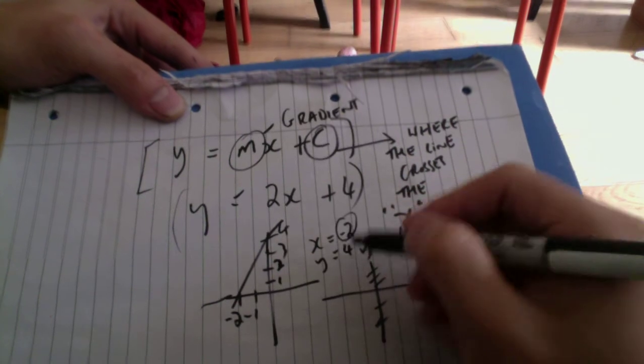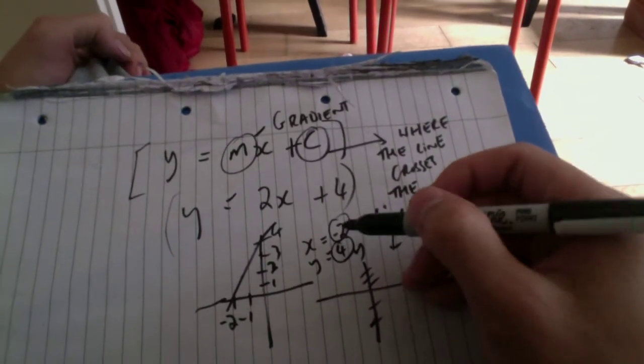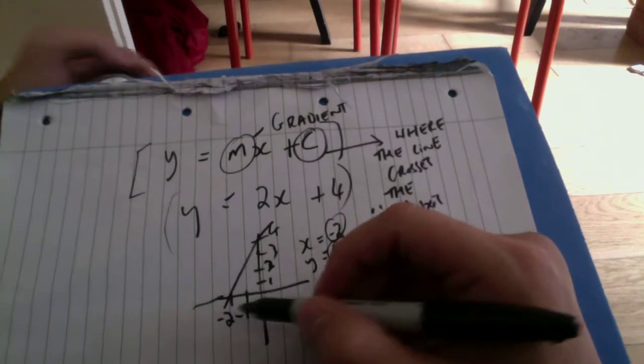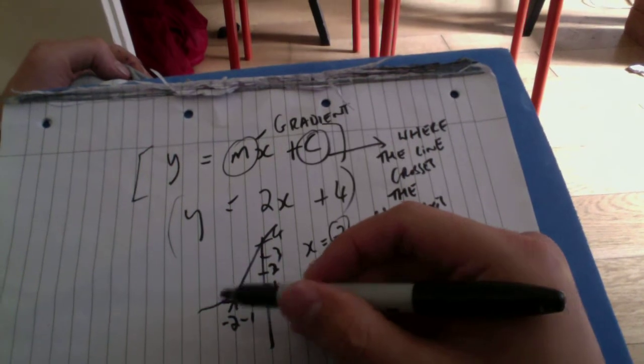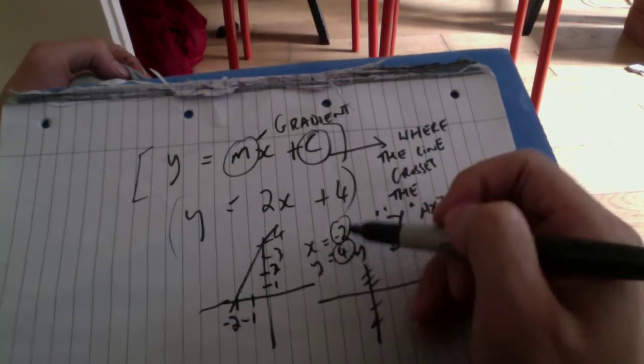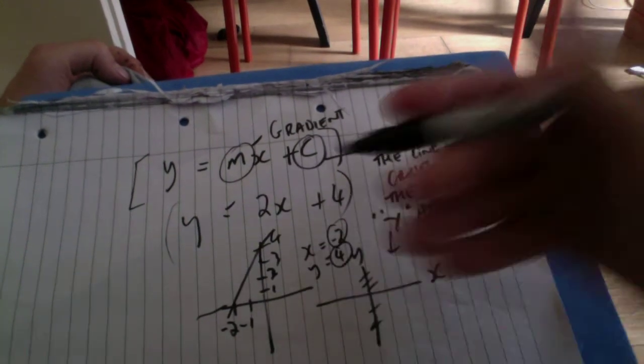And so you've got 2 and 4 here. 2 goes into 4 twice. So what that's telling you is that whenever the line crosses x, here, it will always be twice as big in y. So that tells you the gradient is 2.